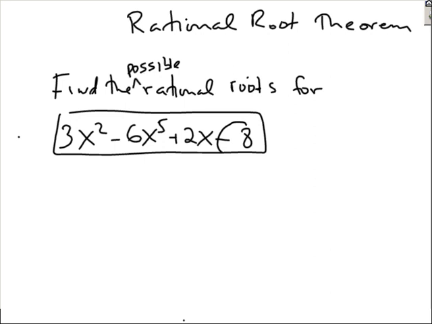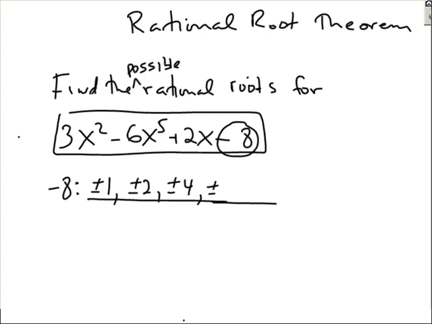Well, find the constant, negative 8. The numbers that go into negative 8 evenly, the integers I should say, are plus or minus 1, plus and minus 2, plus and minus 4 go into 8, and plus and minus 8 go into 8. Then you find the number in front of the largest term.